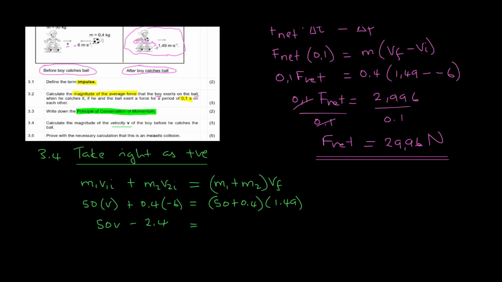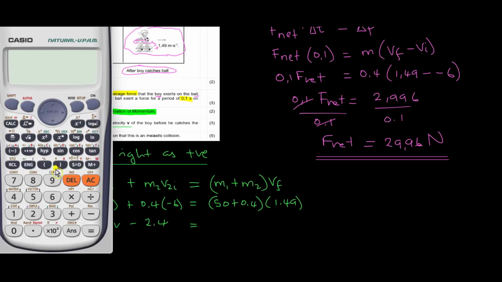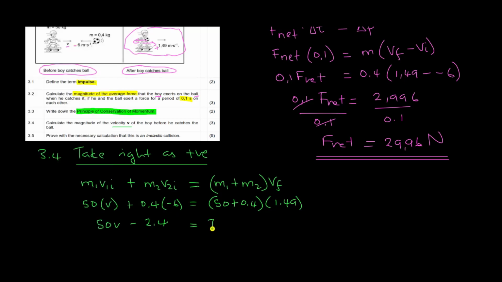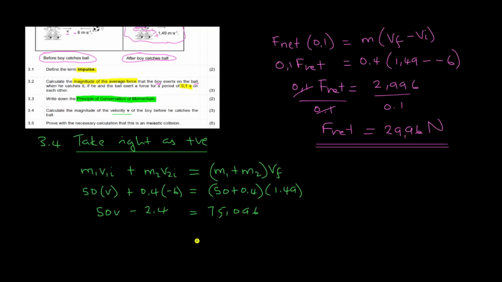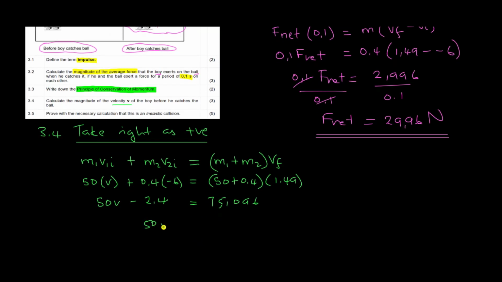And then on the right hand side I have 50.4 times 1.49. I get 75.096. I transpose the 2.4, so 50v is equal to 75.096 plus 2.4, as I'm going to add there.